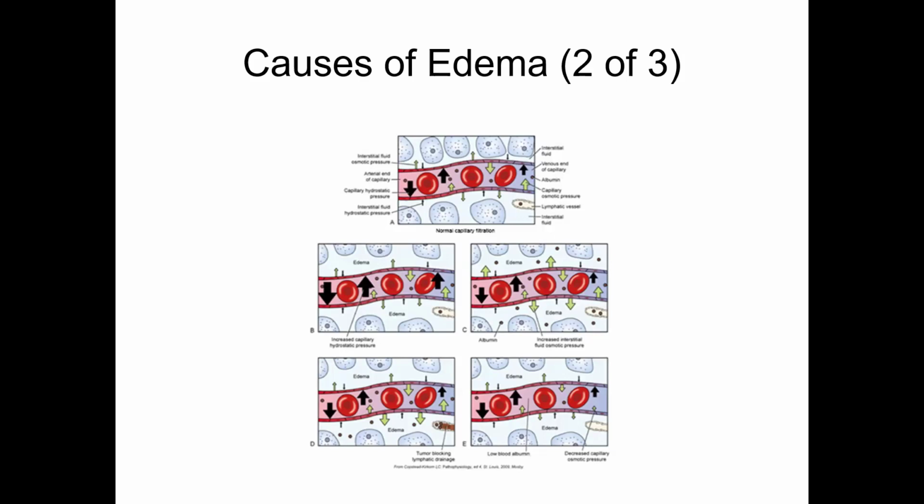In congestive heart failure, the blood is not easily able to return back through the veins to the heart, and that can increase the hydrostatic pressure in the legs, the abdominal organs, and lead to things like ascites or fluid in the abdominal cavity.